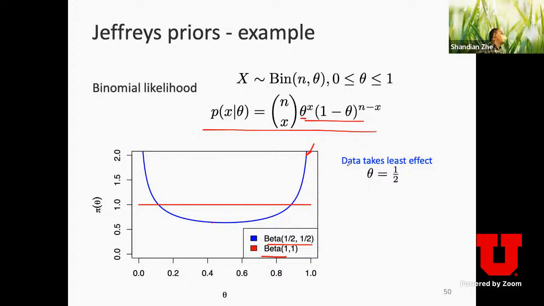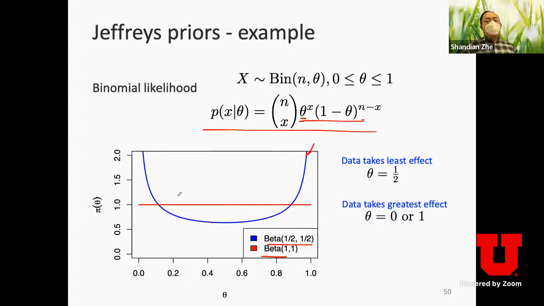But when will the data have the most effect? It has the strongest effect when theta is at the two extremes, either 0 or 1. That's the likelihood property. Now, let us look at the Jeffreys prior, the blue curve.